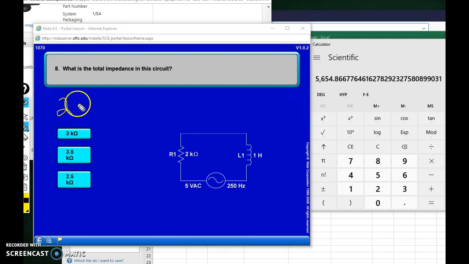I'm doing about as good with my mouse as I am with the pen. 2 pi FL. So that would be, and we're doing that based on this inductor right here, 2 times pi times 250 hertz times 1 henry.